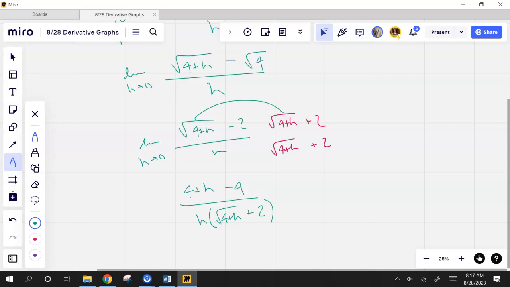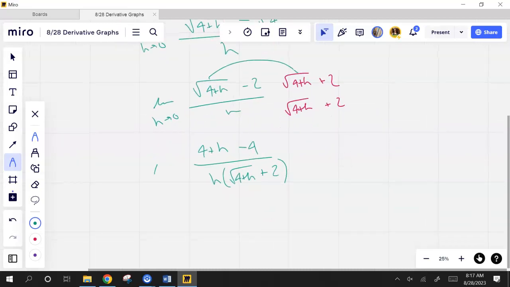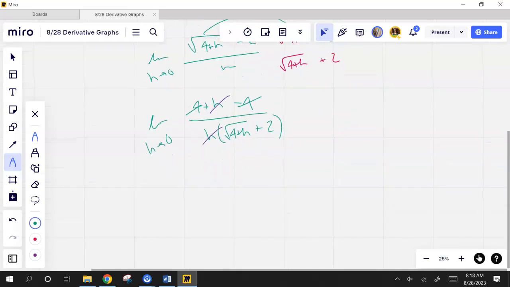Remember here about the conjugates, if you ever don't know what to do and there are radicals there, try the conjugate. Even if it's just in the top, to try to get rid of some stuff. Let me make sure I pull my limit down with each one. The 4's cancel, and then also that h, since that's the only thing left, cancels with that h in the bottom. So now I have the limit as h goes to 0 of 1 over the square root of 4 plus h plus 2.